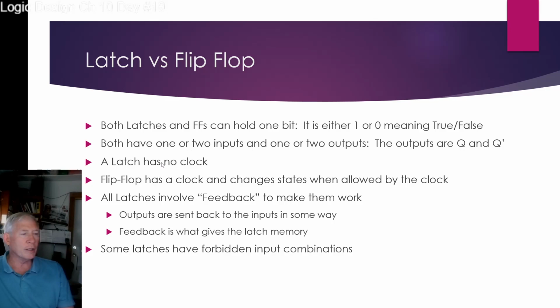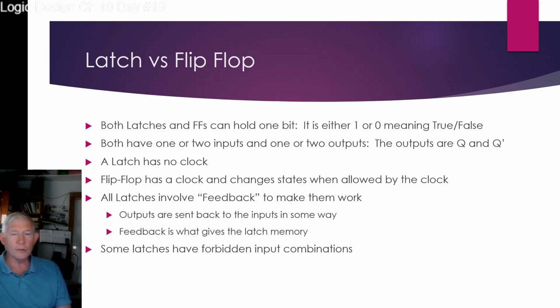A latch generally has no clock. A flip-flop generally has a clock and changes states when allowed to by the clock. Our clocks can be edge trigger clocks or level clocks. And what makes this important is that most of the time we use edge trigger clocks, and we get that by using a master-slave arrangement. We'll cover that in just a little bit. But there is such a thing as flip-flops with level clocks.